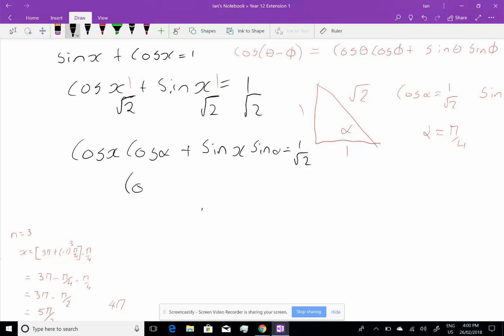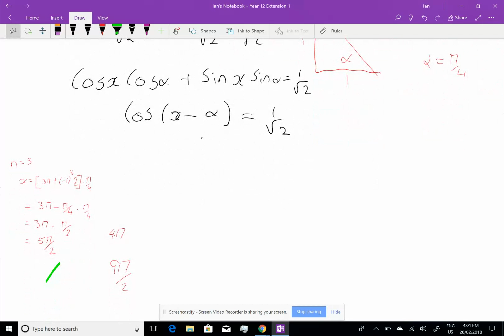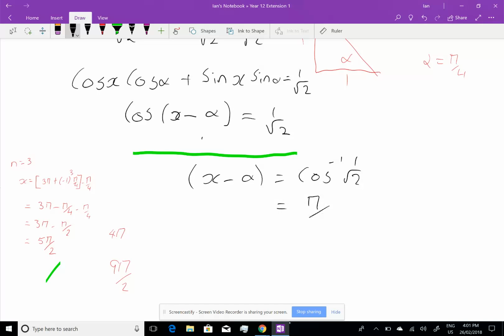So that's cos of x minus alpha equals 1 on root 2. I have to find the general solution to this. Well, x minus alpha equals inverse cos of 1 on root 2, which is lucky, it's pi on 4.